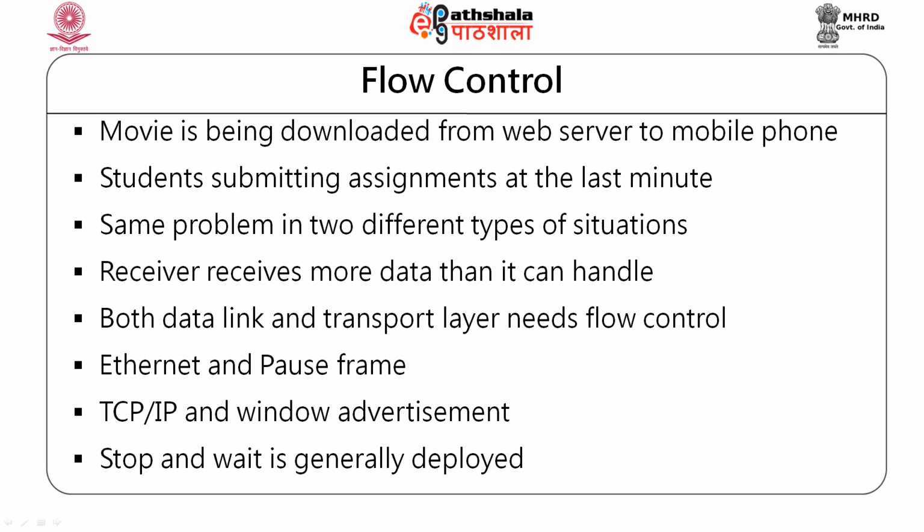As all of the students started submitting the assignment at the last moment, the server is capable to handle, but when all students do it together, the combined input coming to that is too much for the web server to handle. Basically, this is a problem called flow control, which requires it to be managed. Okay. So, we discussed that, we will continue talking about that in future as well.